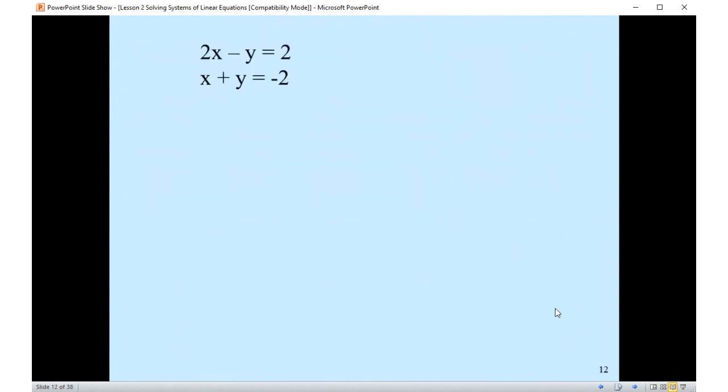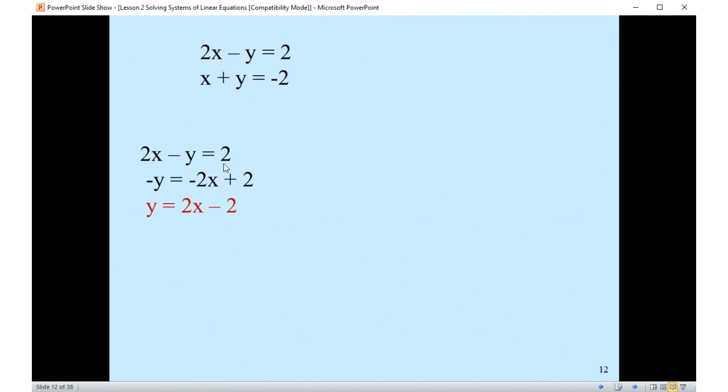Here's an example. What you can do with these two equations is take the first equation and get y by itself.